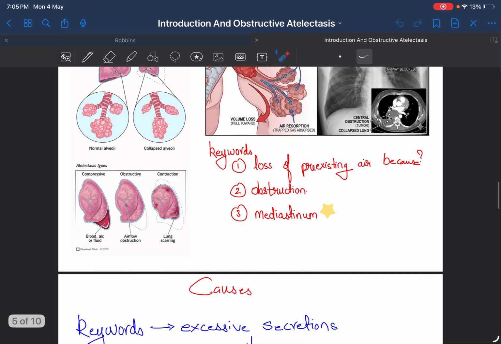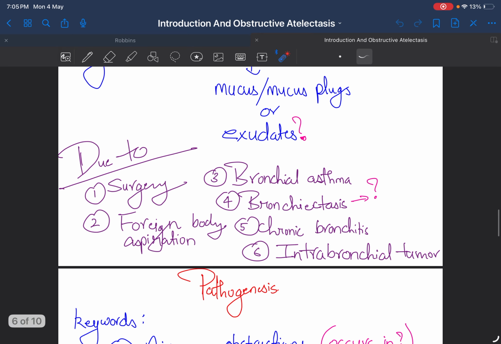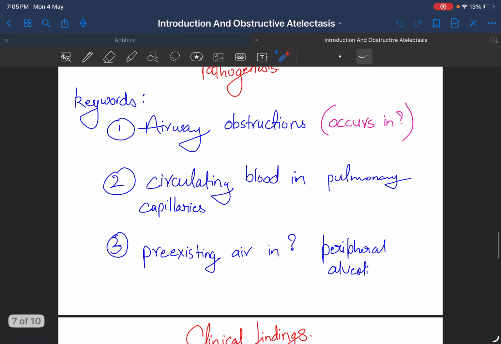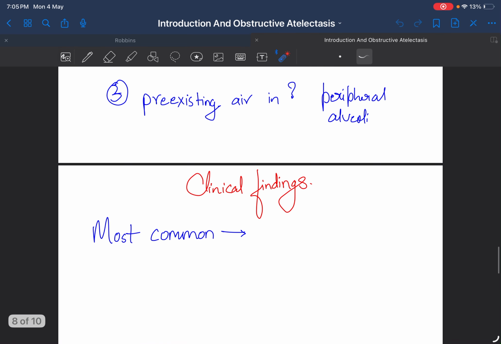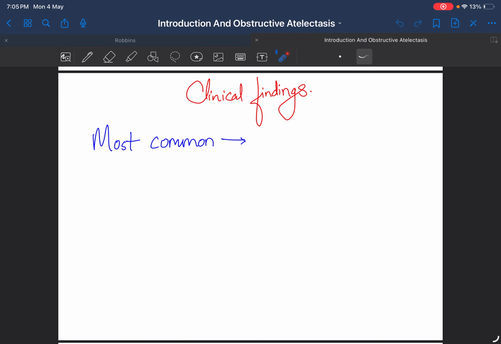It could occur anywhere. After the obstruction, the circulating blood in the pulmonary capillaries absorbs the pre-existing air in the peripheral alveoli, which leads to alveolar collapse, and there would be an airless state within a few hours. So that is why this is obstructive atelectasis.